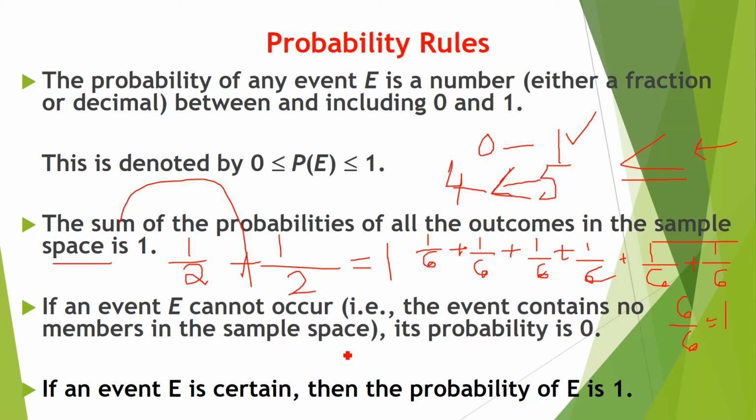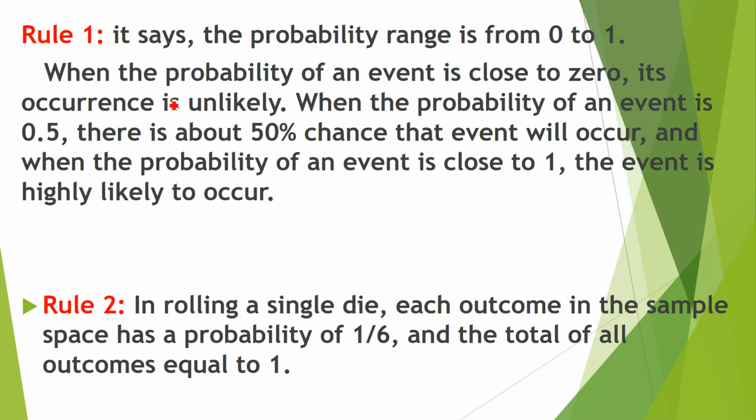Now we will discuss these rules with the help of some examples. Rule number 1 says the probability ranges from 0 to 1. When the probability of an event is close to 0, its occurrence is unlikely. Suppose I say when I roll a die, 7 will come.